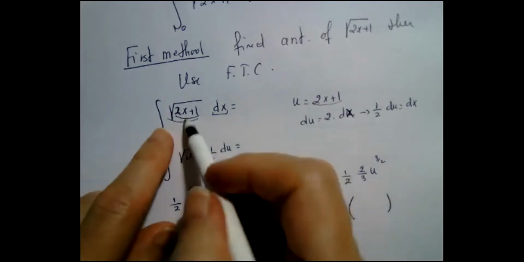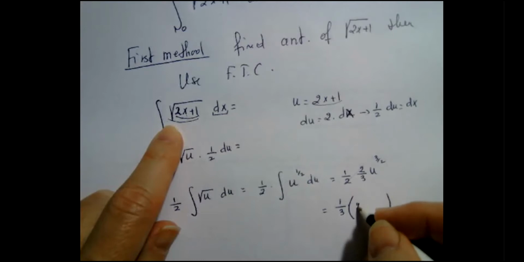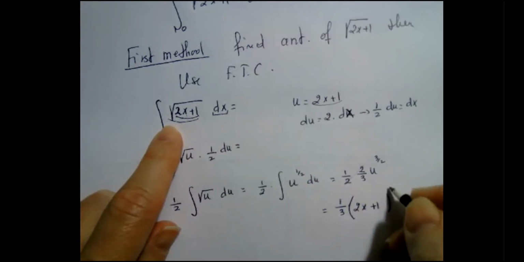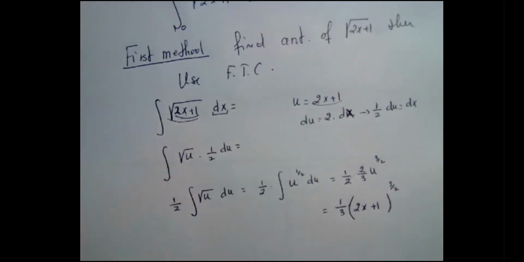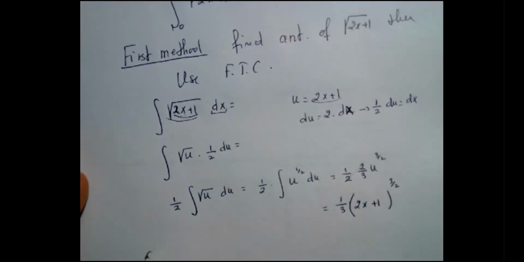And then I need the antiderivative of this. That's a function of x. So I go back to my x, to x plus 1 to the power 3/2. So far I only found the antiderivative. Now I apply the fundamental theorem, verbatim.